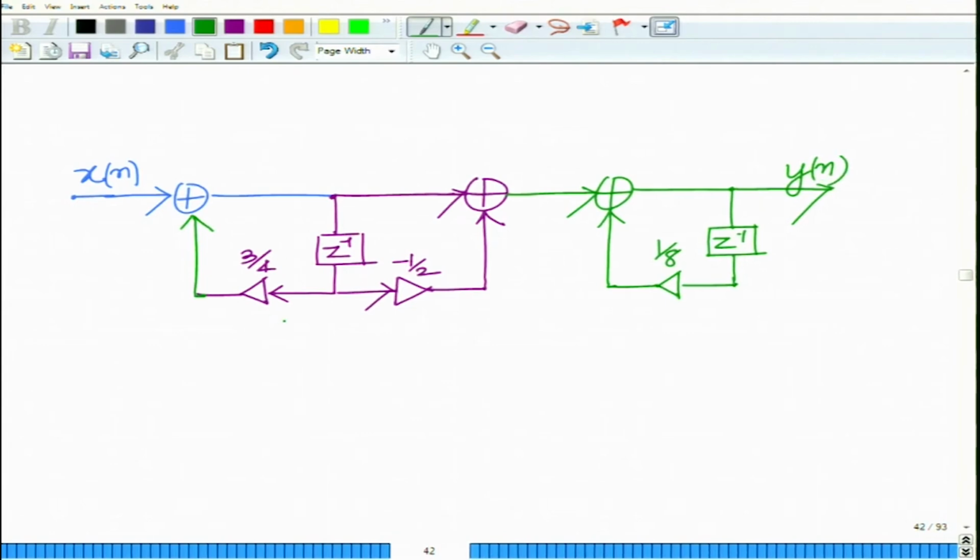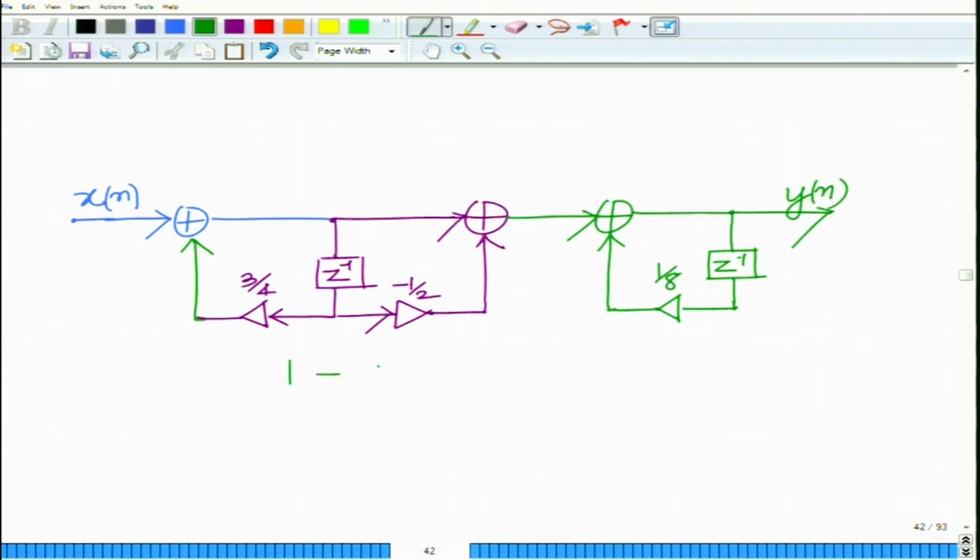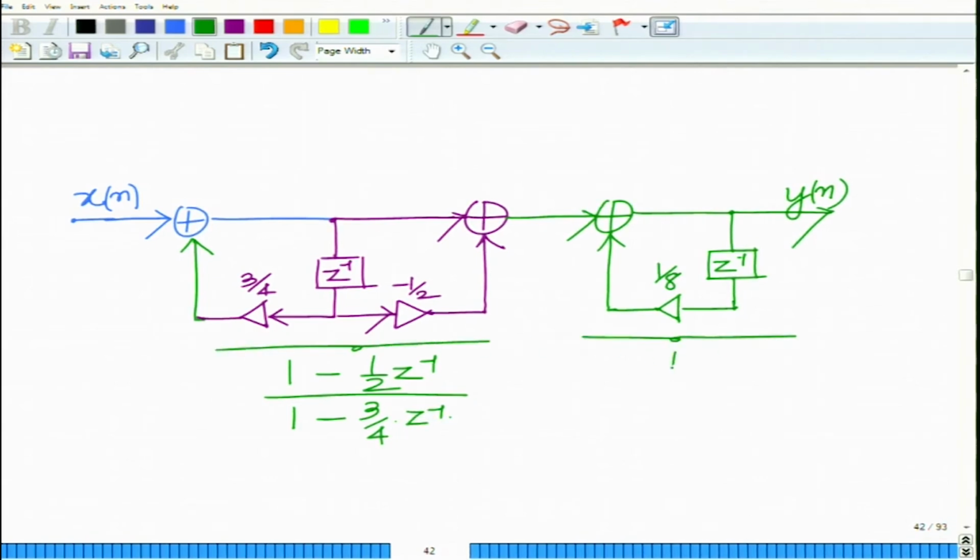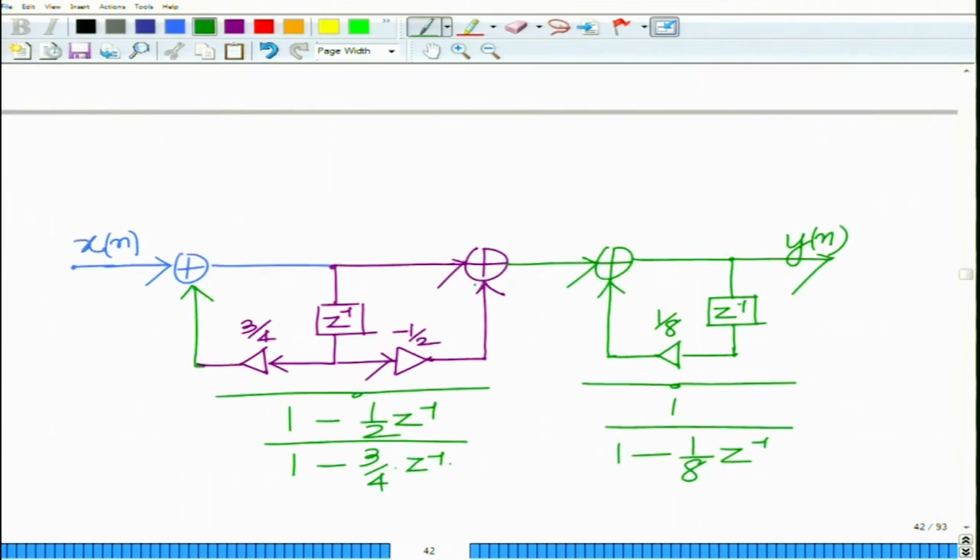So, this is the first factor. This corresponds to your 1 minus half Z inverse, correct. You can see each of this is the df2 representation, 1 minus half Z inverse over 1 minus 3 by 4 Z inverse, and this factor is your 1 over 1 minus 1 by 8 Z inverse.